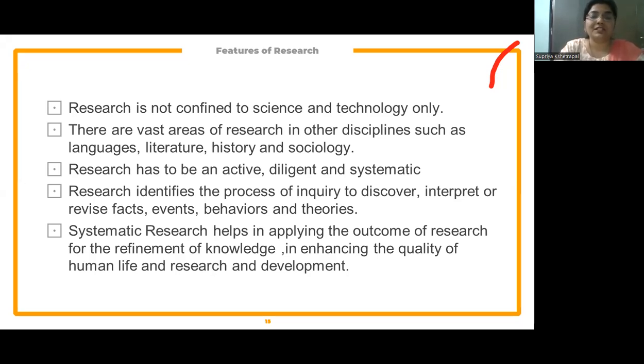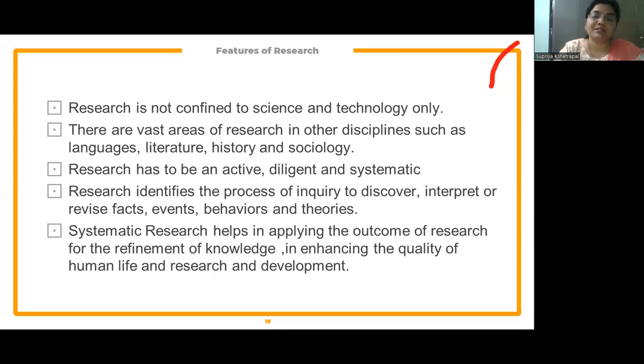Now, research is the process to inquire, to discover, to interpret and to revise the facts, events, behaviors and the theories. Okay, so first we have to inquire. Inquiry is one of the most important parts of research: why, what, how?